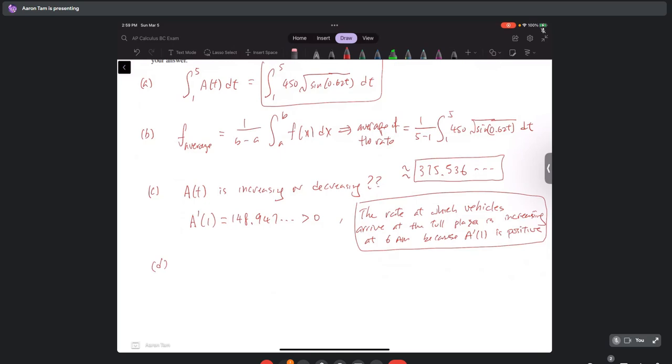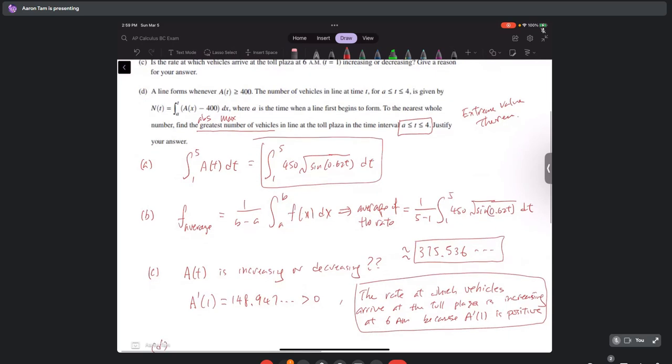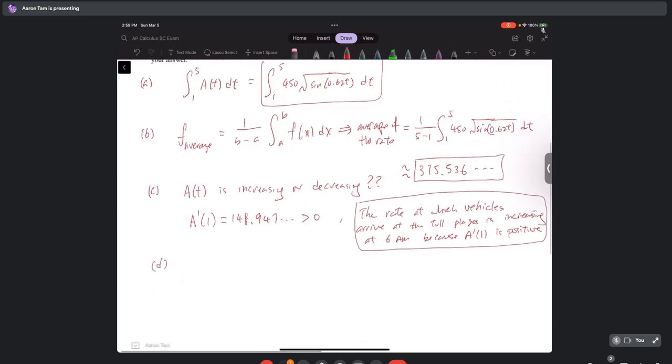The problem said the function N is the value we're looking for. So this question asks for N of t, the absolute maximum value.